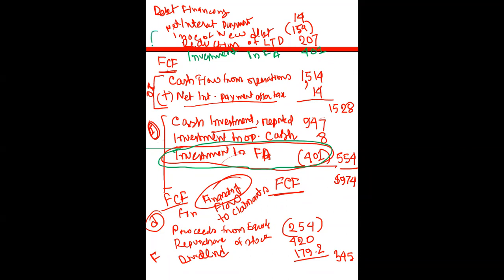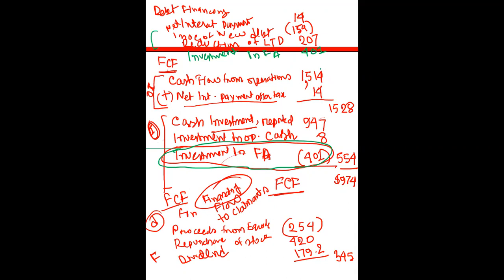According to your understanding, when we are using cash by making repayment, by making payment of interest expense, by payment of dividend, we are adding or we are subtracting? When we are making payment to the financiers or when we are using cash, we are adding that amount or we are subtracting? We are adding, okay?